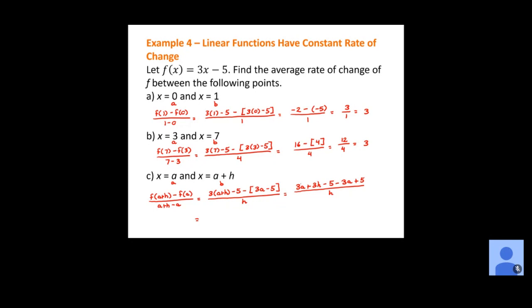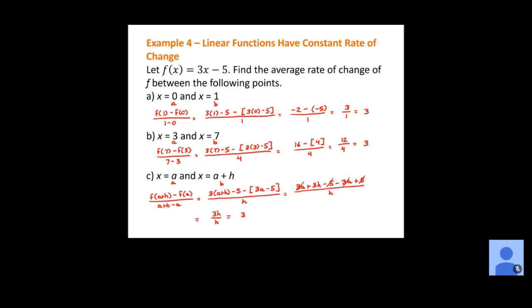The 3A minus 3A, those terms are going to cancel. The negative 5 and the positive 5, those terms are going to cancel. And so we're really just left with 3H over H. And if I divide 3H by H, the H's will cancel, and we're just left with 3.